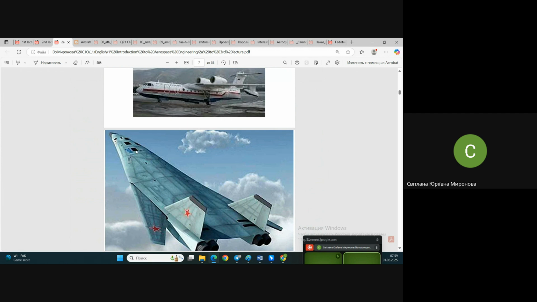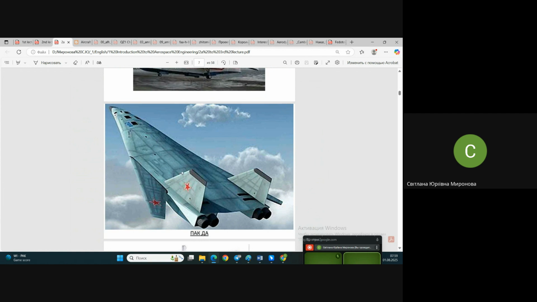Once again, what is this airplane about? How do you think, is it supersonic or subsonic? Some seconds for you to think. My answer is, I guess it's subsonic, considering its non-sharp shapes here. I think so, but I'm not a complete expert. It's better to check my words, of course.